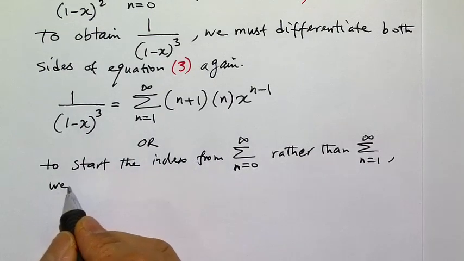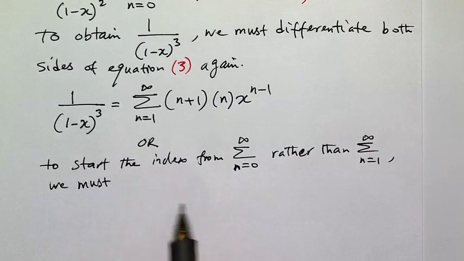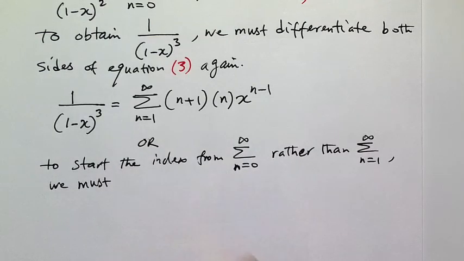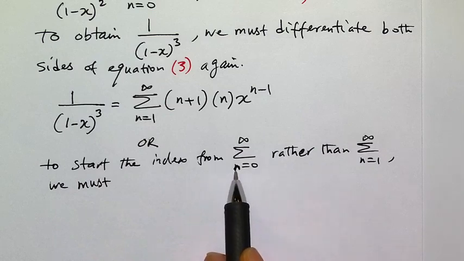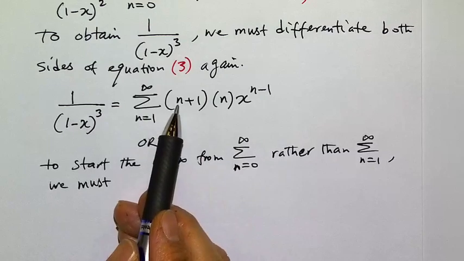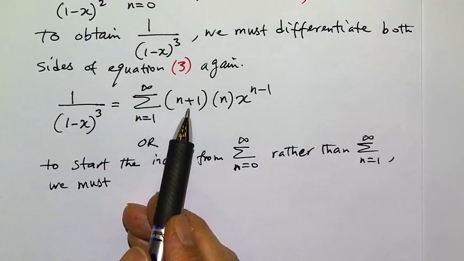Because it's just one n value, one integer. If we were going from 2 to 0, then we will have to replace every n with n plus 2.